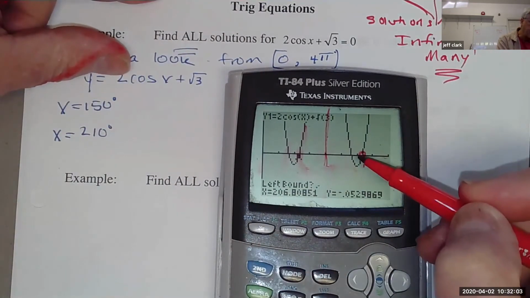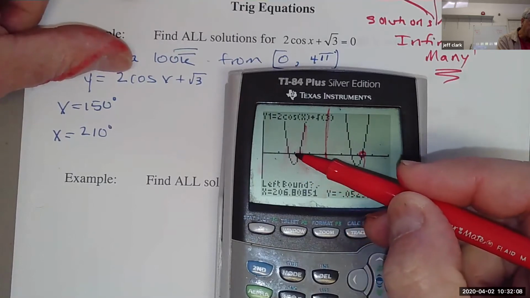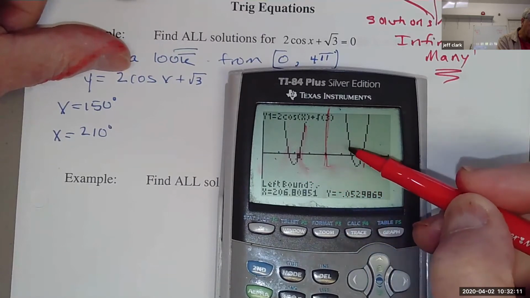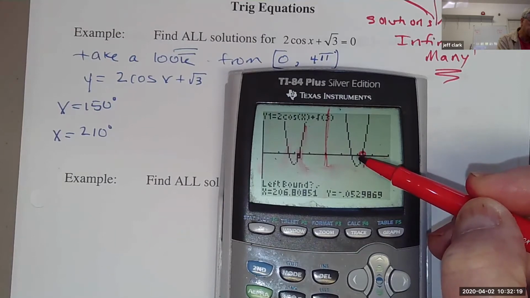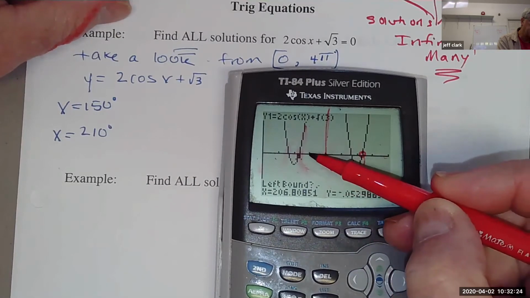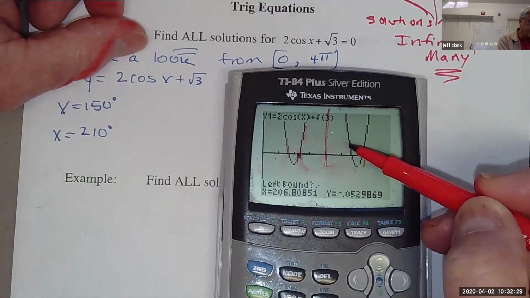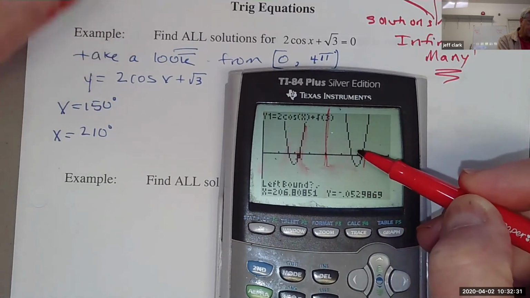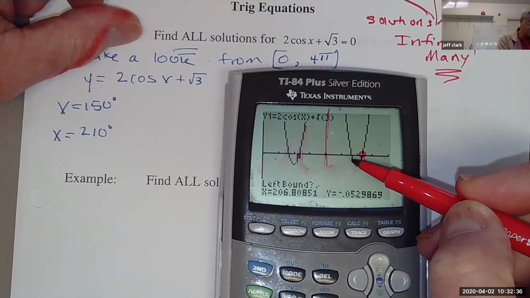Pick a left bound, pick a marker to there. 90, 180, 1, 2, 3, 4, 5, 6. 6 times 90 is 360? I'll try that again: 90, 180. Oh, there's 4. My mistake, I counted wrong. That's 360, and 180 more. So 360 plus 180 is 540? I think it's 540.